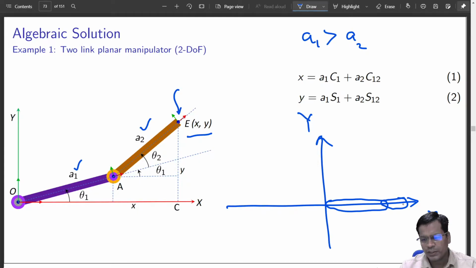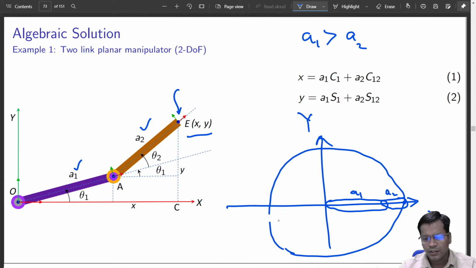It can go to a maximum extent, that is a1 plus a2. That is the maximum possible distance where your robot can go, so it can create a circle of radius a1 plus a2.